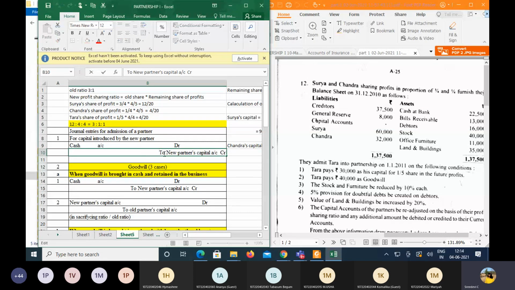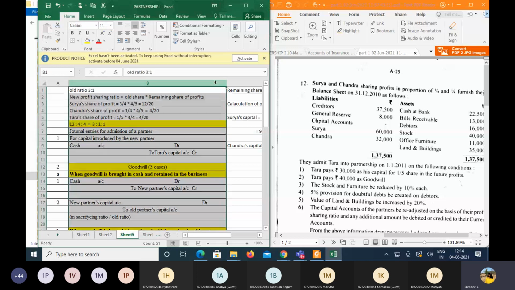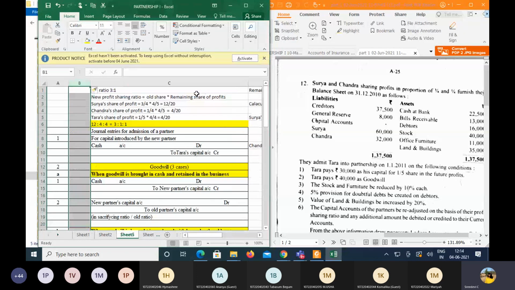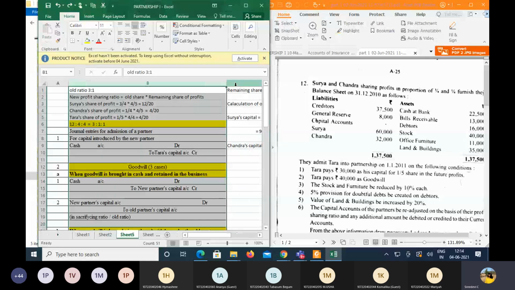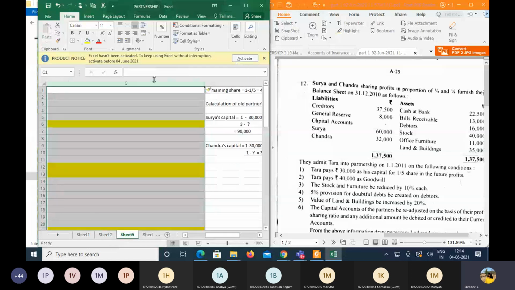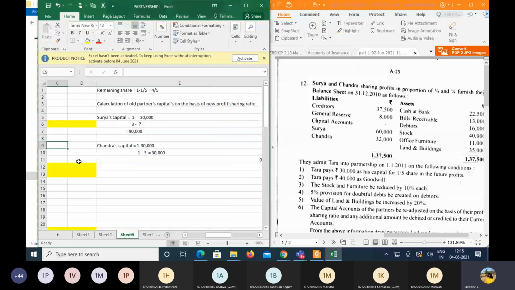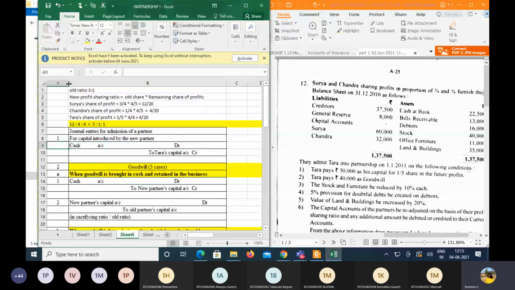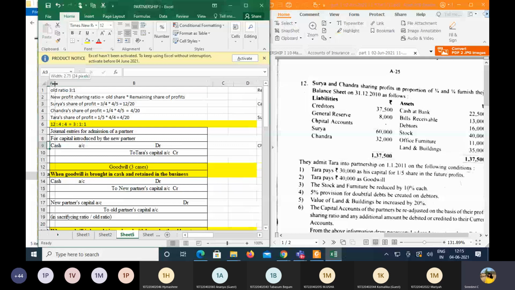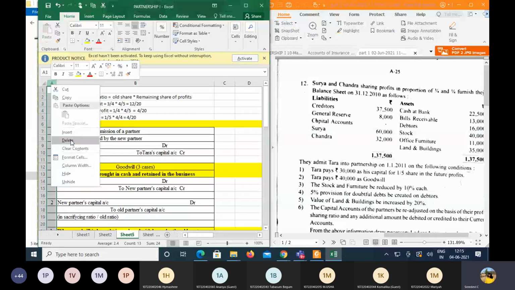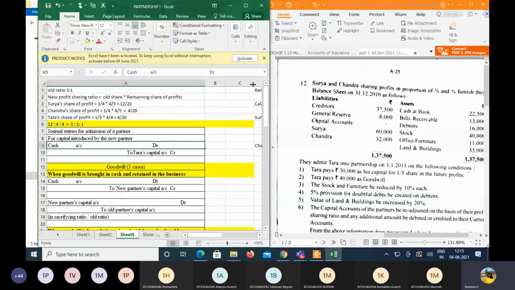So here the capital of Tara, Tara's capital account, and the amount here is going to be 30,000. Let us take the amount column.